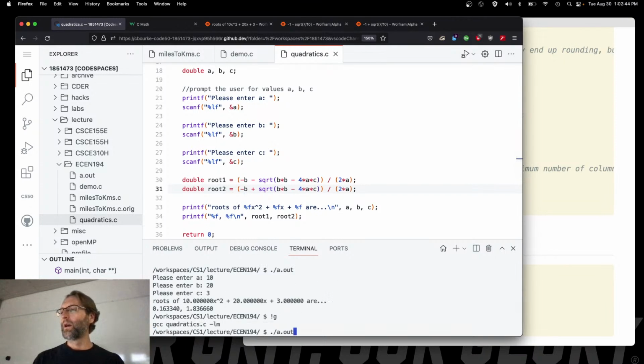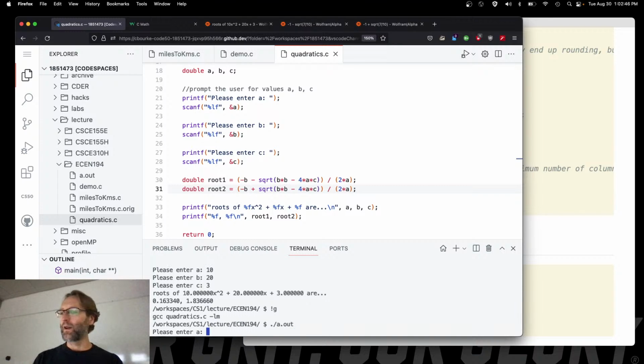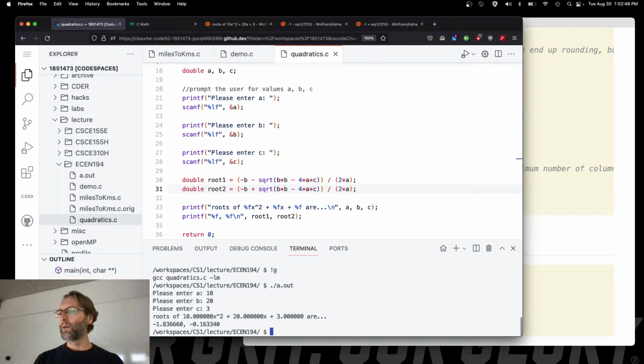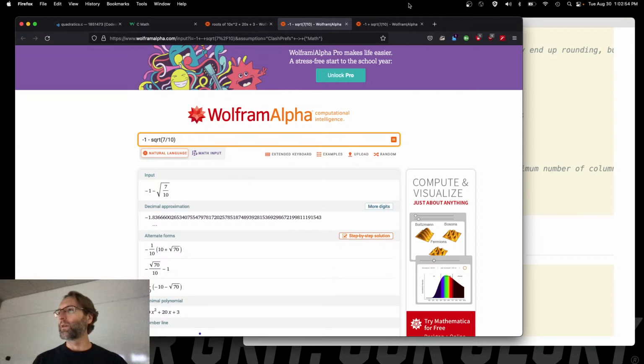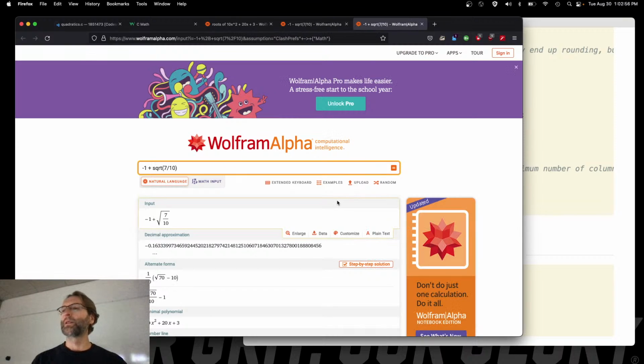There we go. Oh, dang it. 10, 20, 3. There we go. Negative 1.83 and negative 0.1633 is the other one. There's my sanity check. And that's why I need a sanity check, to check a secondary resource to find those bugs before I move on.